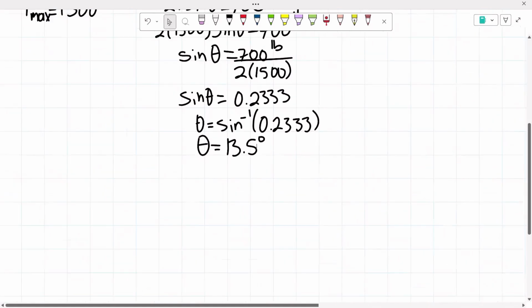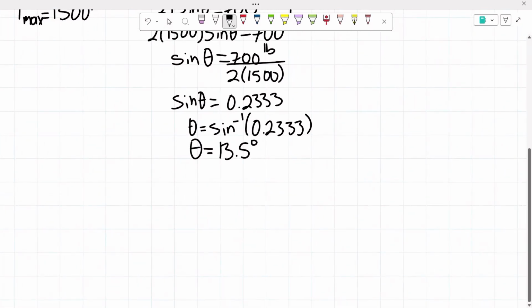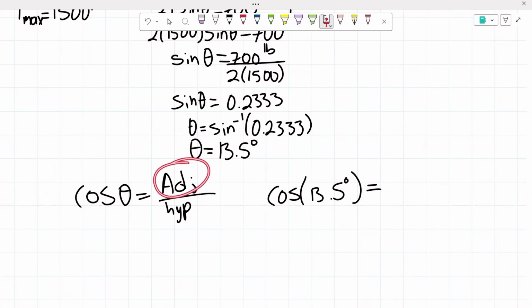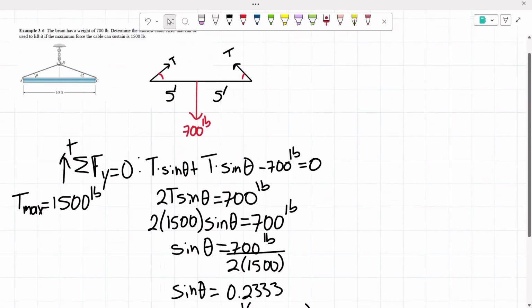So we're going to remember that cosine of theta is adjacent over hypotenuse, so that means cosine of 13.5 degrees. Our adjacent side of this is the 5 feet.